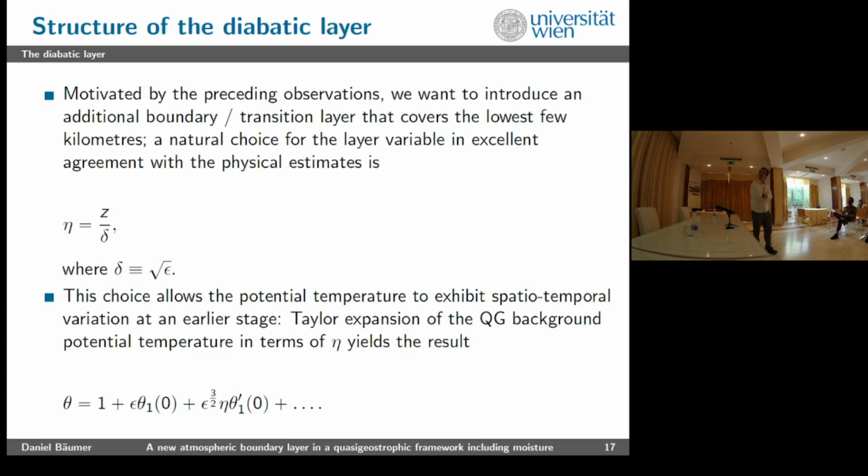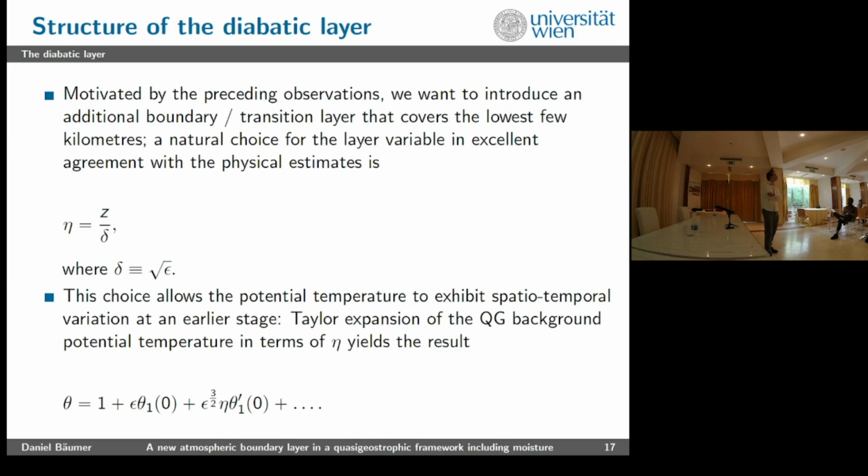And this choice, now, why is this relevant? Why is this important? And now comes the real juicy part. So if we just Taylor expand the QG potential temperature, so this should be θ1, the background stratification, in terms of the rescaled variable, right?